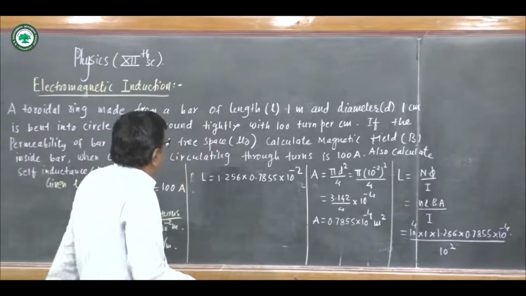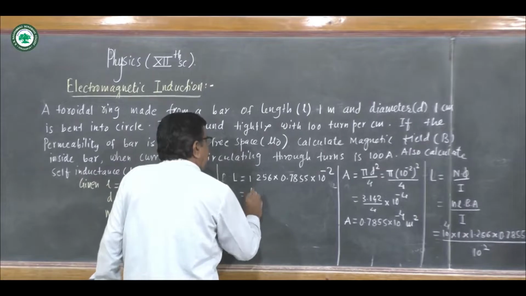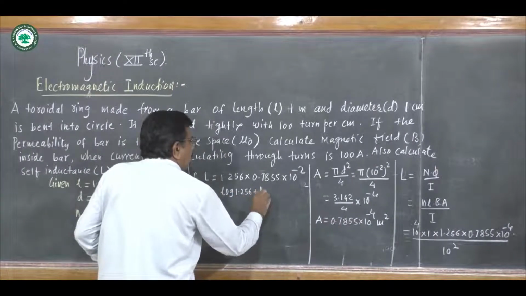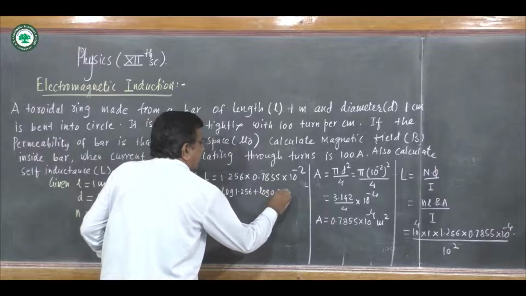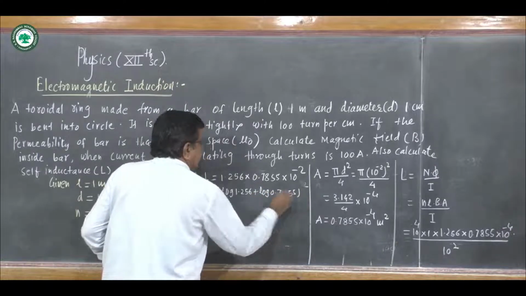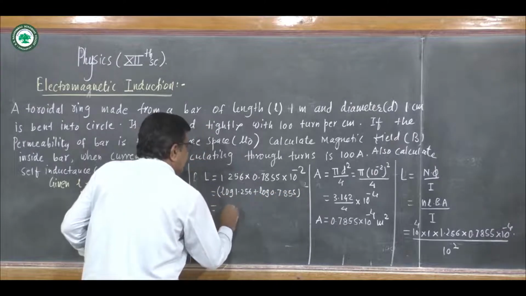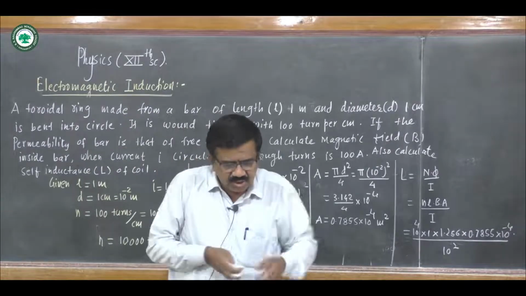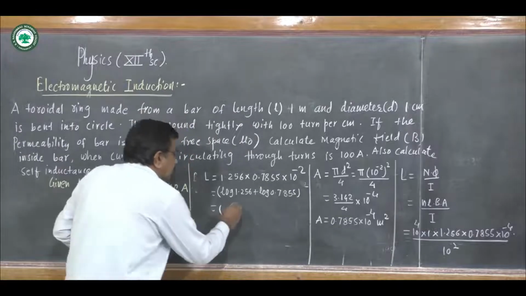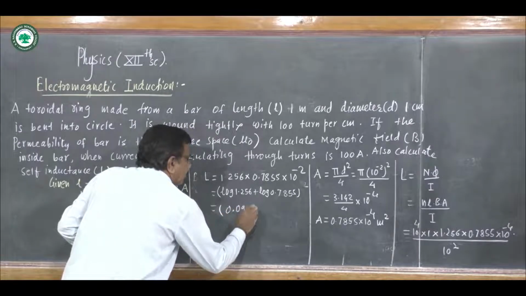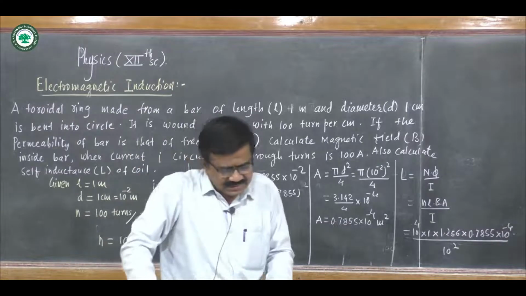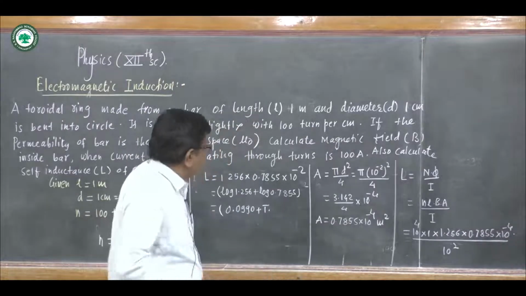We simply solve this part, that is log of 1.256 plus log of 0.7855. This much log is 0.0990, plus bar 1 point 8952.